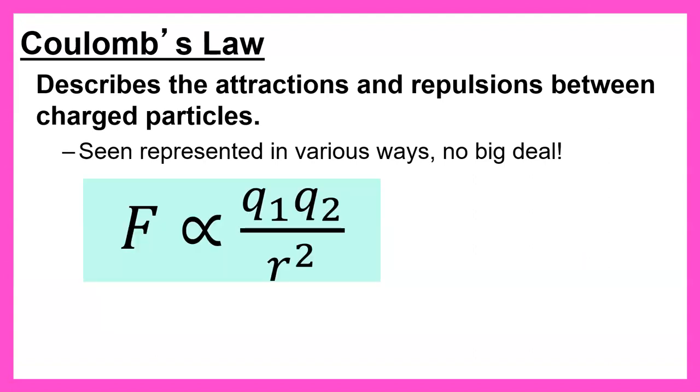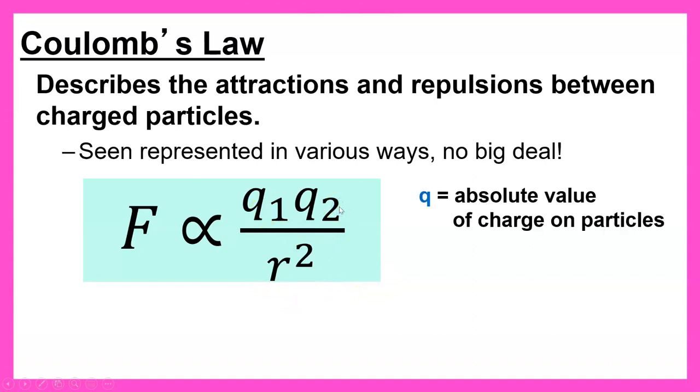The simple version that you're going to see looks like this, where the force is proportional to these Q values divided by R squared. Q is a measure of the charge on the particles, like it's a +1 ion or a +2. So you're looking at that charge, and we typically take the absolute value of that. R is that distance between the particles.